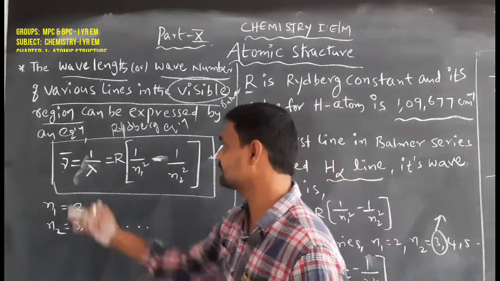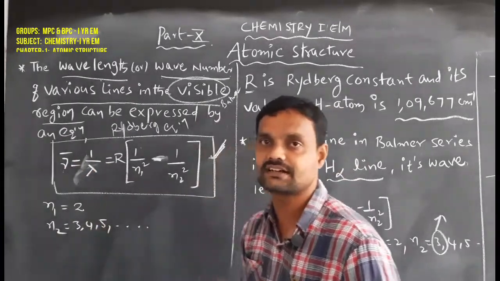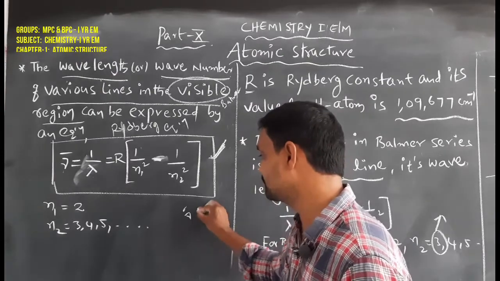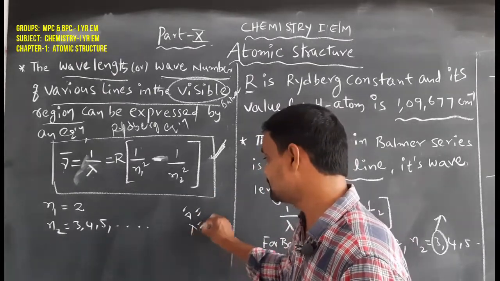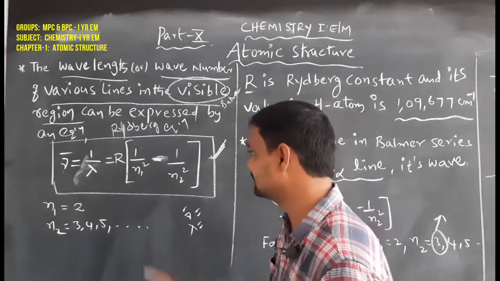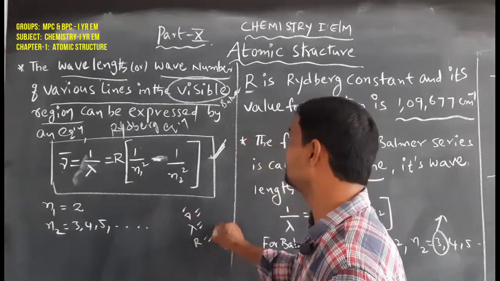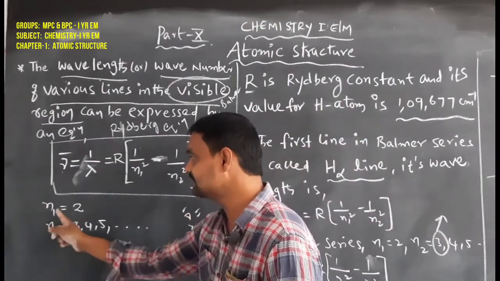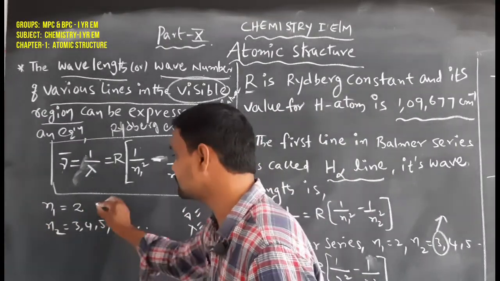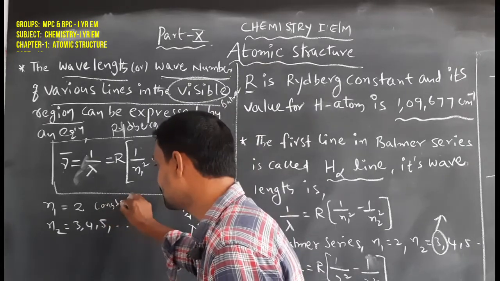In this equation, nu bar is the wave number, lambda is the wavelength, and capital R is the Rydberg constant. Here n1 is equal to 2, which is a constant value. Why?